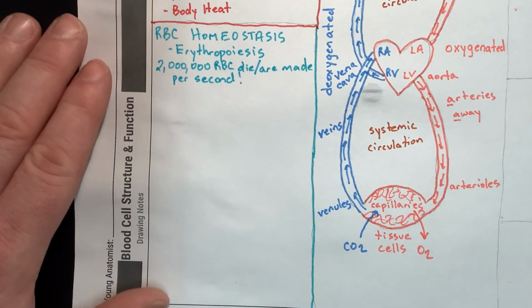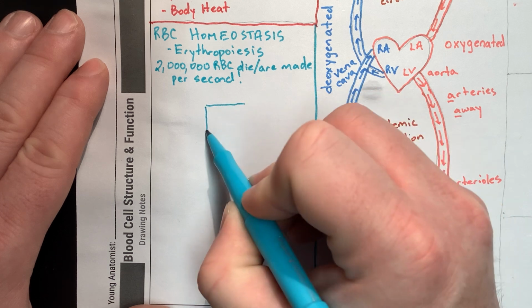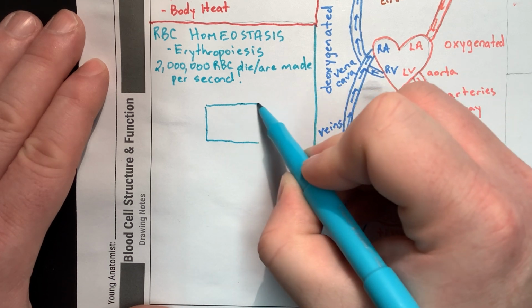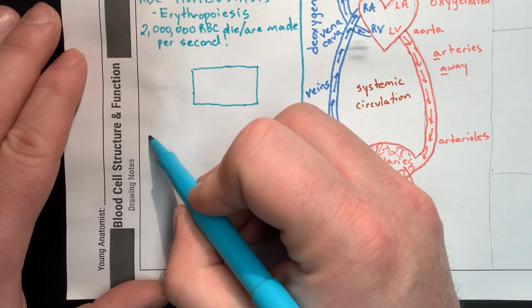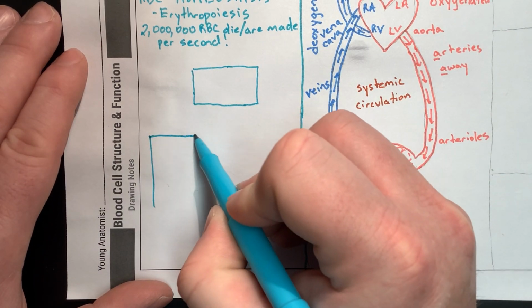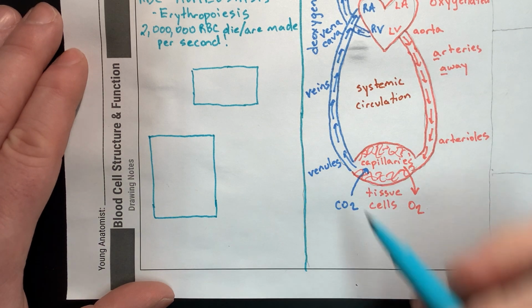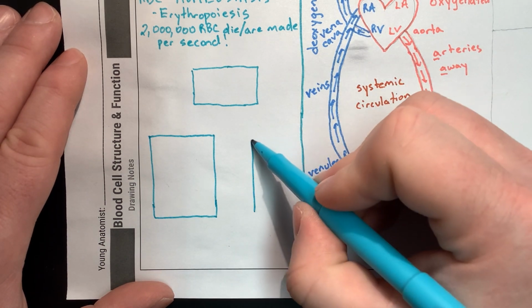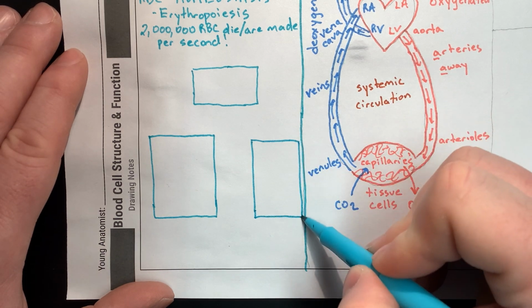So let's go ahead and draw those in. Set up our homeostatic loop down here. Draw a couple of boxes. Shoot, I hope I made that one big enough.